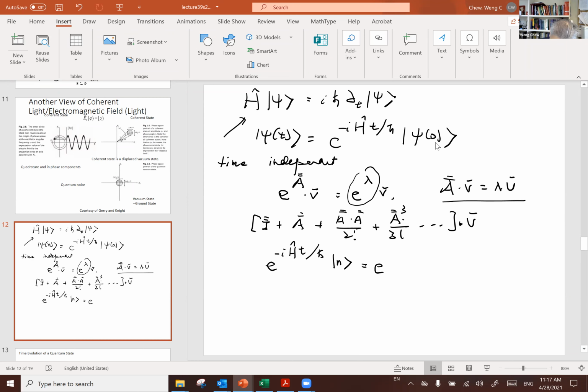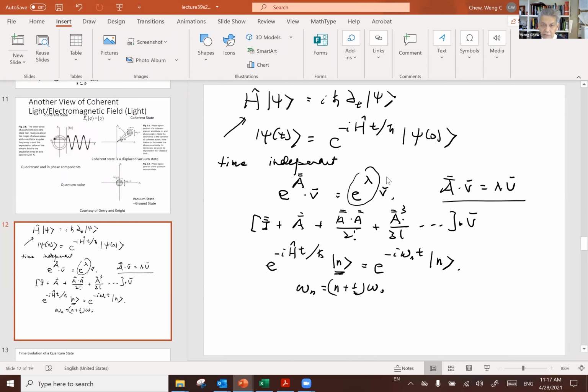That time evolution is just e to the minus i omega n t, times the state n. You can find that the eigenvalue of this eigenvector is just omega n, which is n plus half times omega naught.